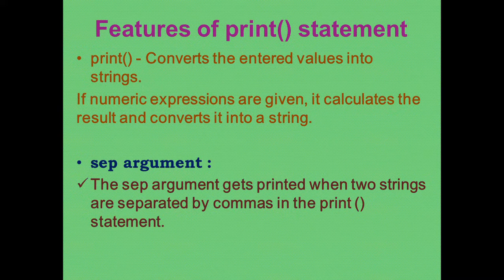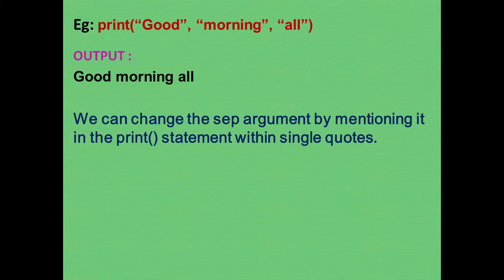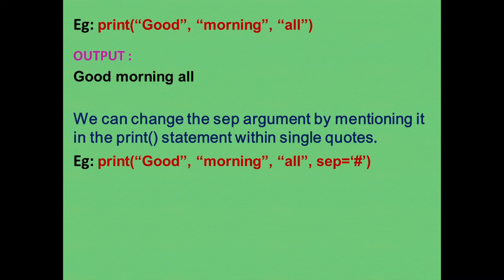By default it is space. See this example, print good comma morning comma all. It will give the output like this, good space morning space all. Suppose I need some other separator, we have to give good comma morning comma all, sep equal to hash. Now see the output, it will get printed like this, good hash morning hash all.